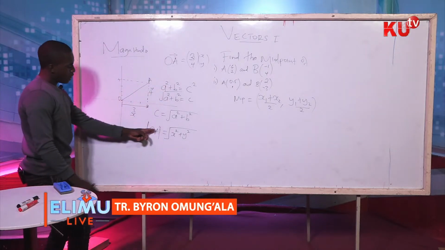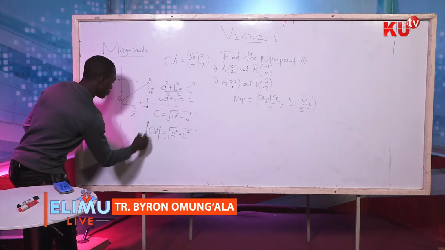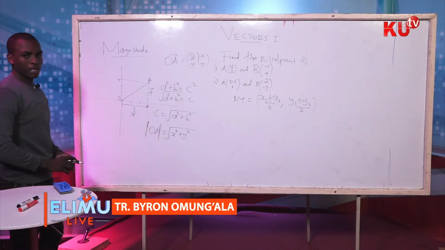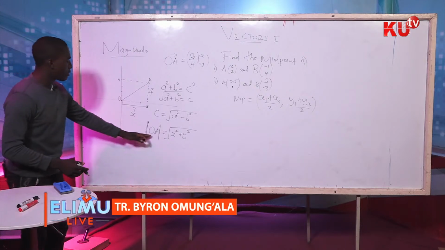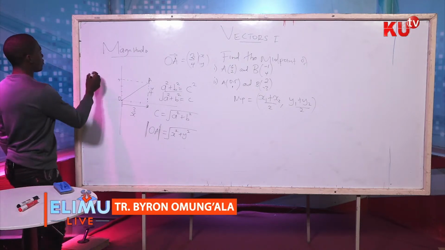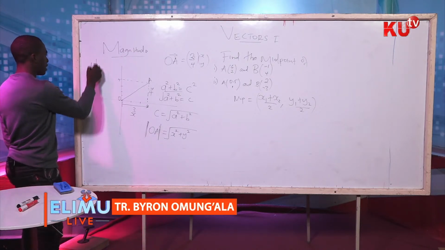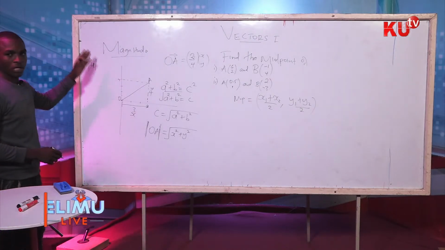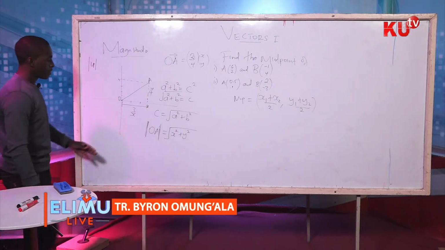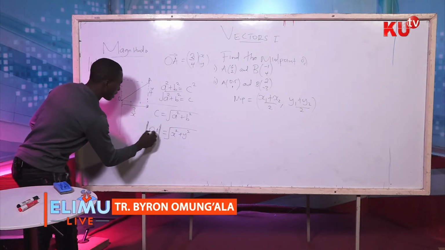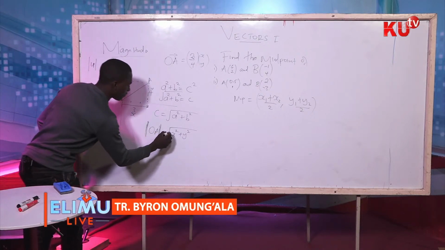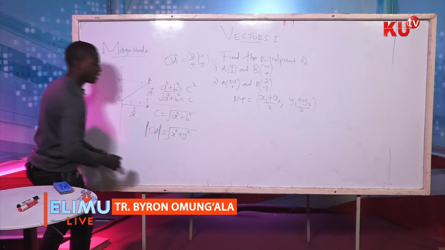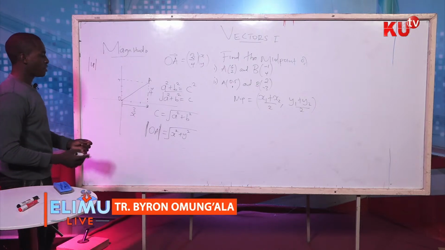Now, OA with these two parallel lines simply means that that's the magnitude. So this is how we represent magnitude. If you have magnitude of a line U, then it will be represented using two parallel lines on the opposite sides. So magnitude of line OA will be the square root of x squared plus y squared. It gives you the magnitude.